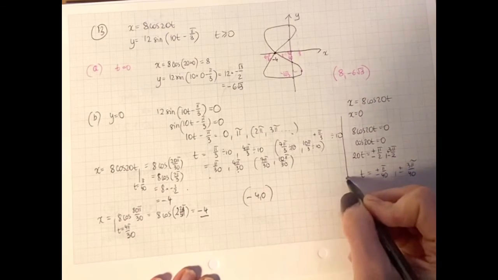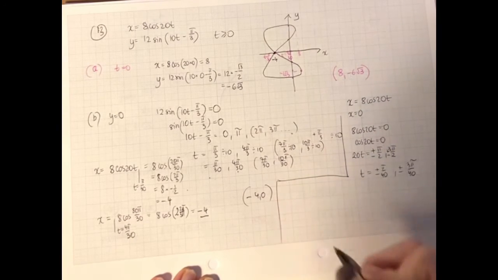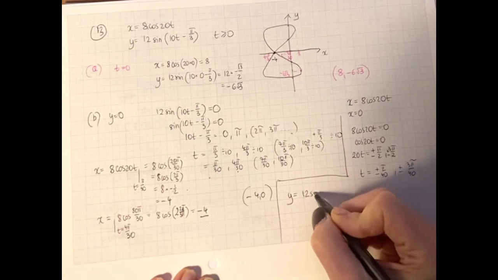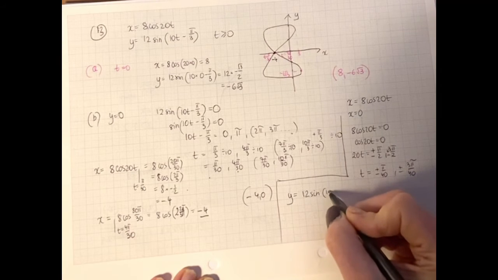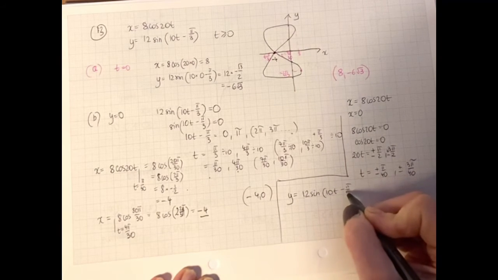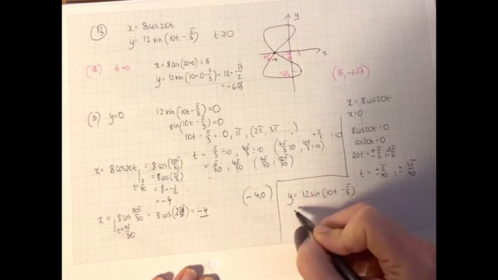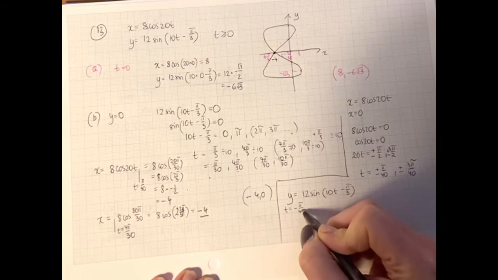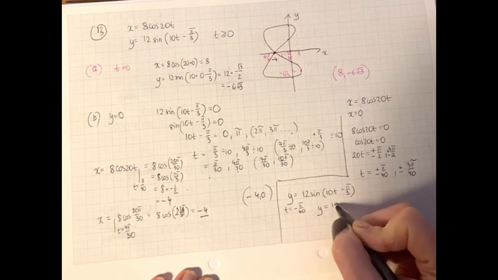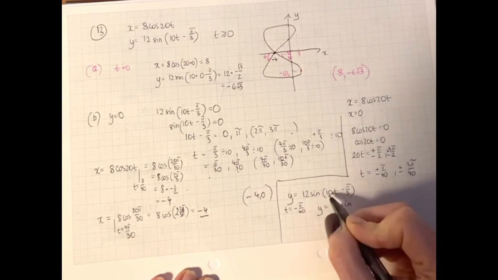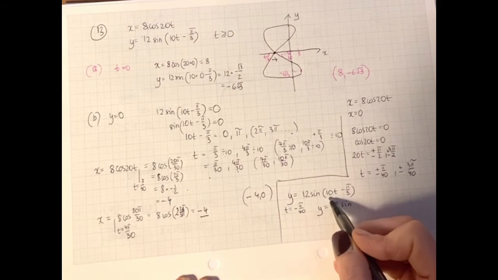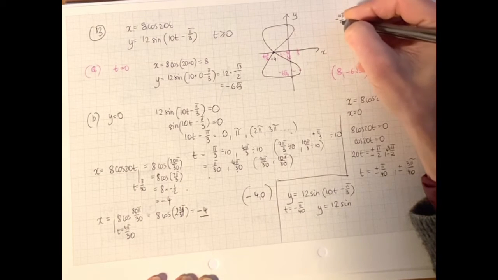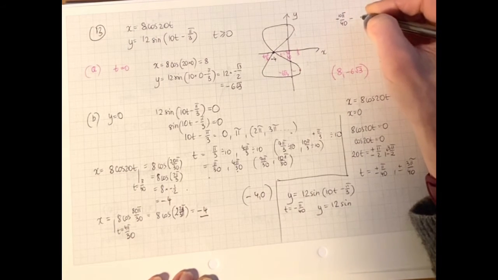So let's find the values of y. So y is equal to 12 sine (10t minus pi over 3). For t equals minus pi over 40, y is going to be 12 sine. If you substitute minus pi over 40 into this, you have minus 10 pi over 40 minus pi over 3.